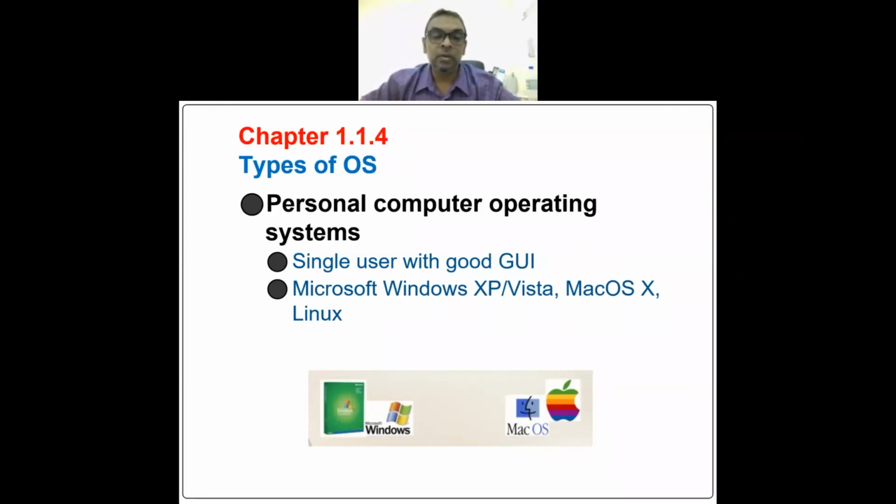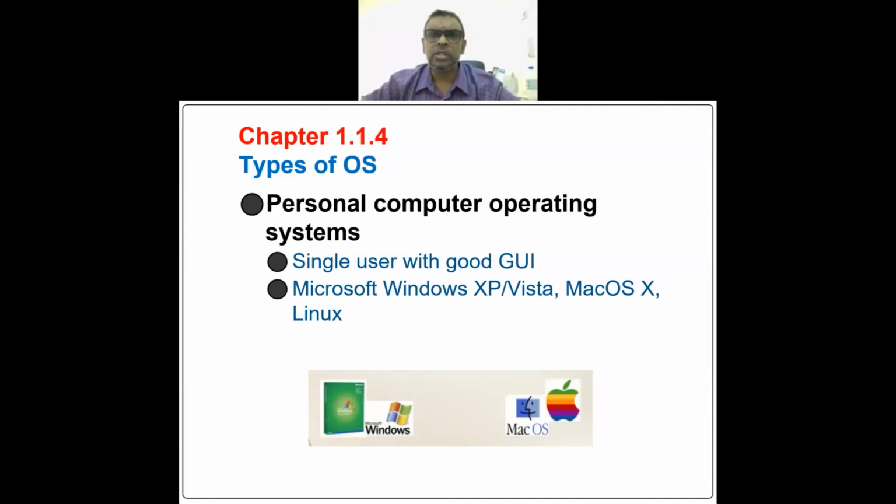You should also be able to identify types of operating system. This is a normal question they'll ask during your final exam or during your test. You should be able to name at least 5 operating systems which are available in the market.